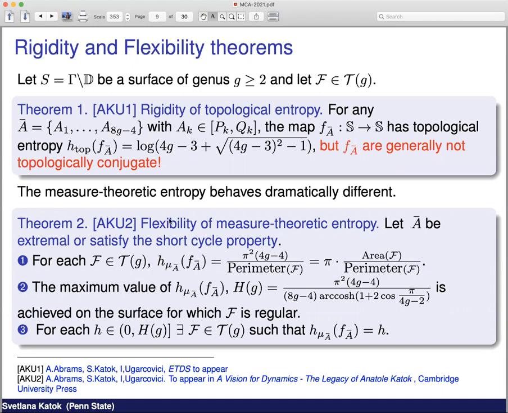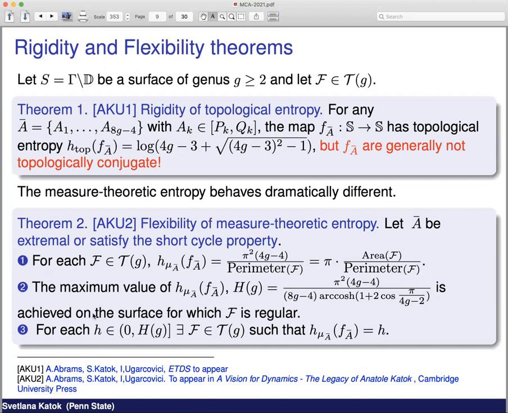And it has this flexibility property in the following sense. Now, unfortunately, we only can prove this if A is extremal or satisfies the short cycle property. And when I talk about the proof, you will see where the caveat is, what we cannot do. Frankly, we think that this is true for all, but it's very difficult.